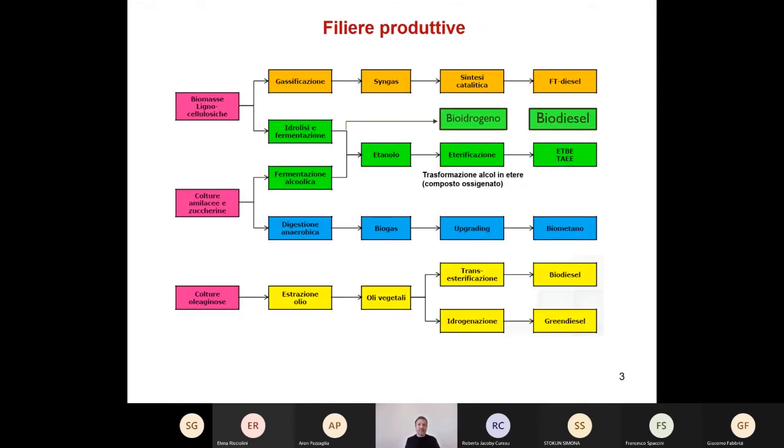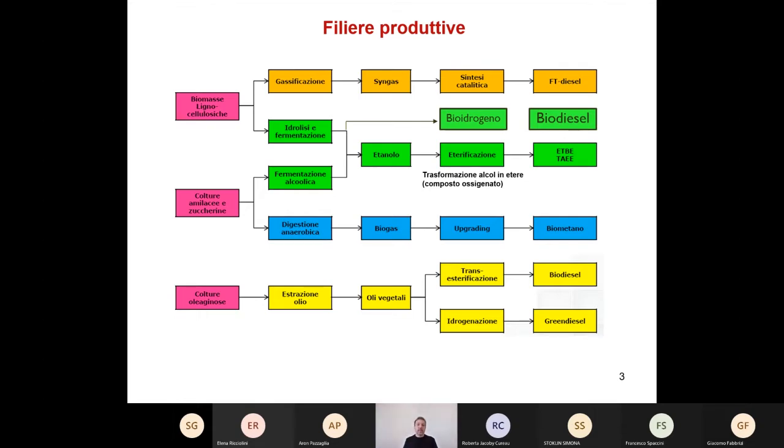This is very similar in concept to the scheme we saw last lesson. Last lesson we talked about energy processes. Today we will apply this concept to liquid or gaseous biofuels, so mainly for the transport sector.